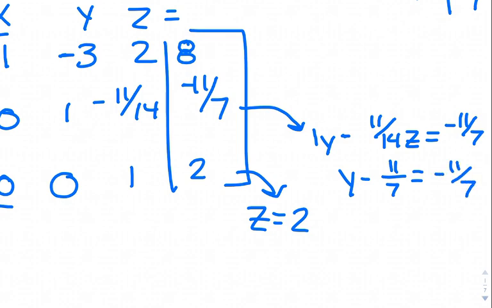So when you add that to the other side, you're going to get a y value of 0.